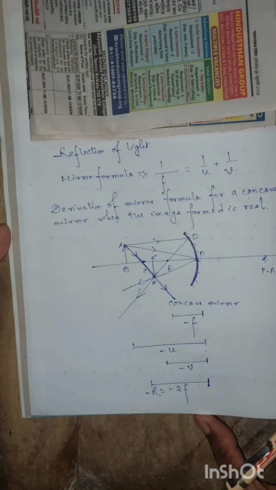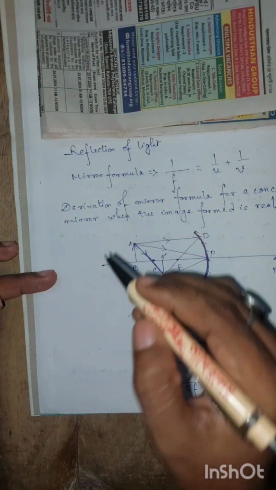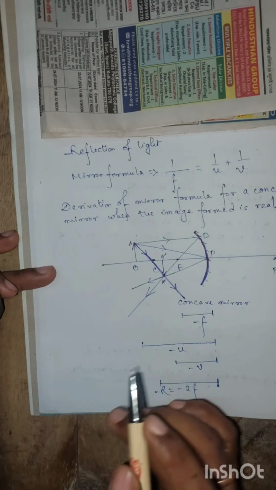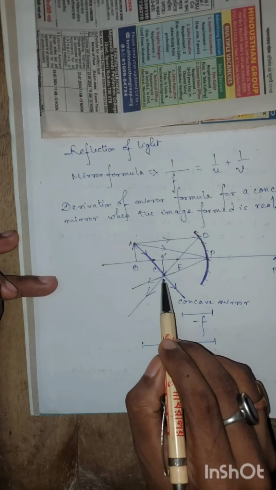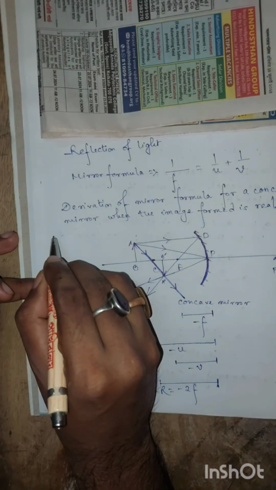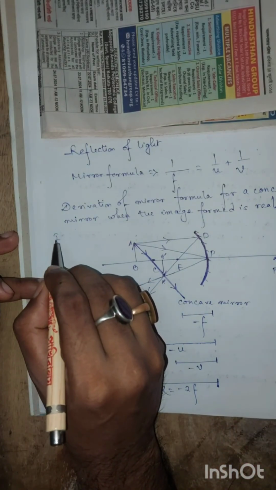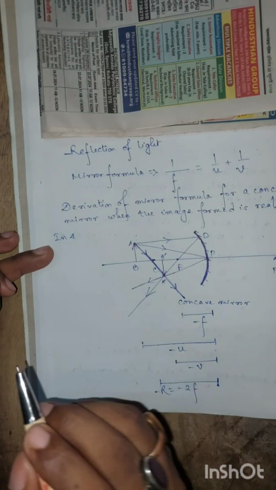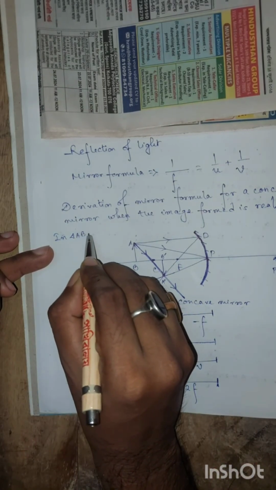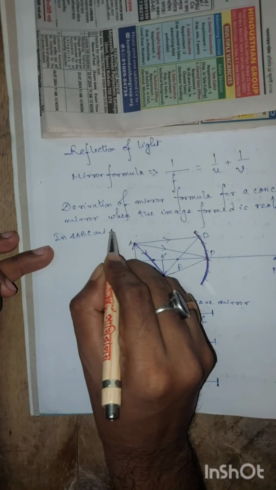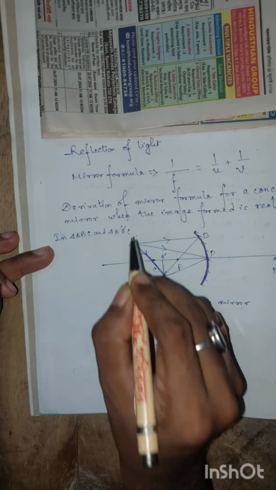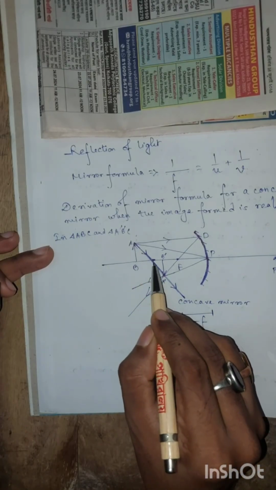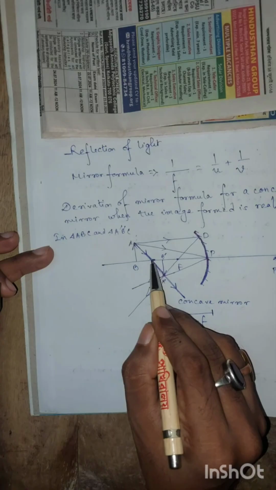Now in triangle ABC and triangle A dashed B dashed C, this is our bigger triangle ABC and this is the smaller triangle.